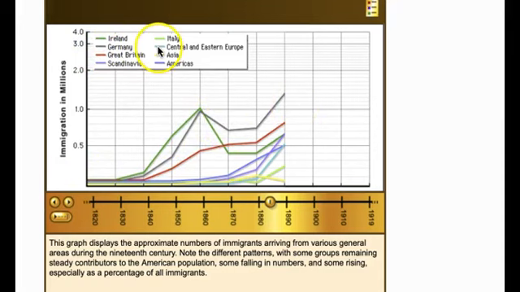But as far as Central Europe and Eastern Europe, we can see that over the course of the 1870s, we're starting to see this rise. So we'll continue to keep an eye on this lighter blue line right here. And then also we'll keep an eye on some of these other ones as well. So we can see a little bit of a rise here with Asia as well. So we'll continue to watch this play out.